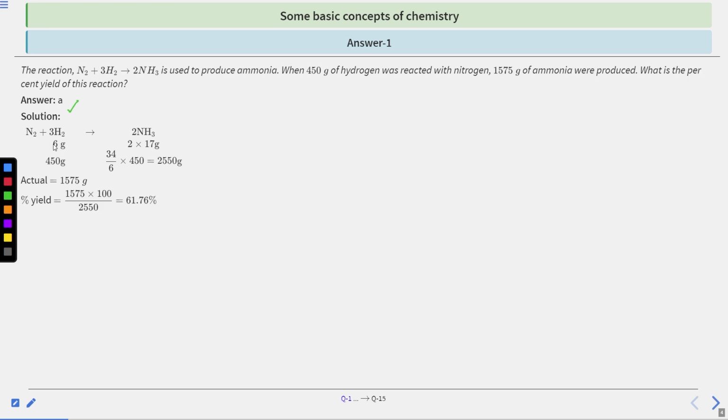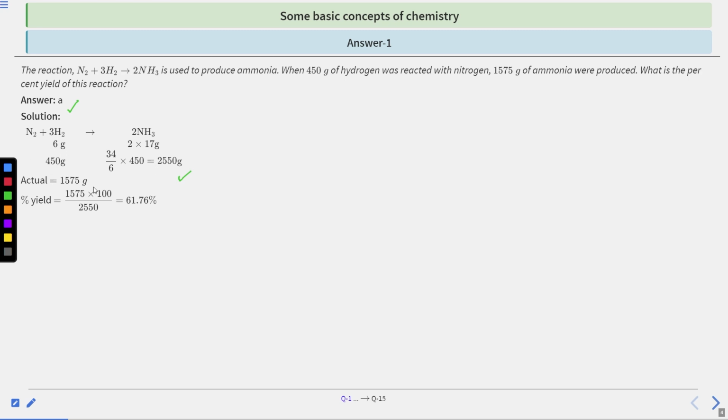So if 6 gram hydrogen produces 34 gram of ammonia, 450 gram of hydrogen will produce 34 by 6 multiplied by 450, which is equal to 2550 gram. So this much ammonia will be produced when 450 gram of hydrogen is present in the reaction.